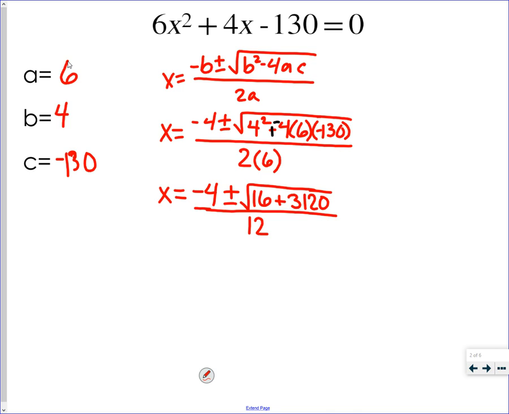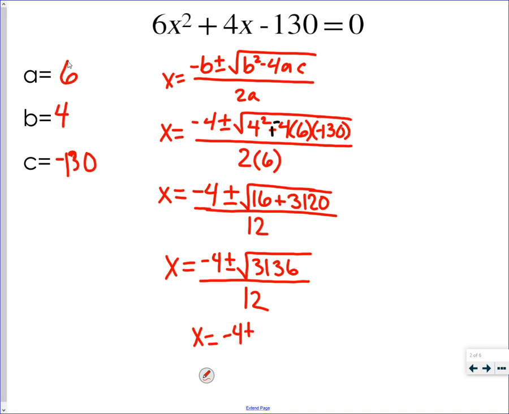So inside the radical, that 3,120 plus 16 is going to give me 3,136. And the square root of 3,136 is a nice whole number answer. So this is going to be that x equals negative 4 plus or minus 56.